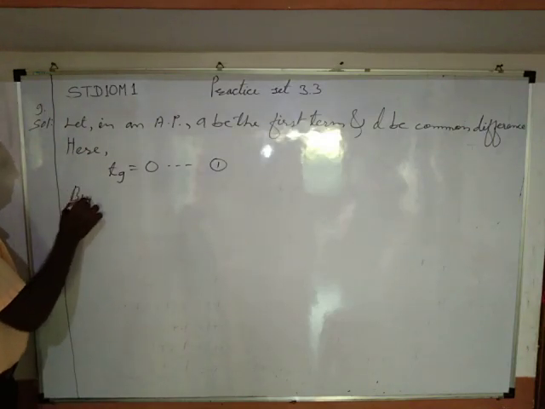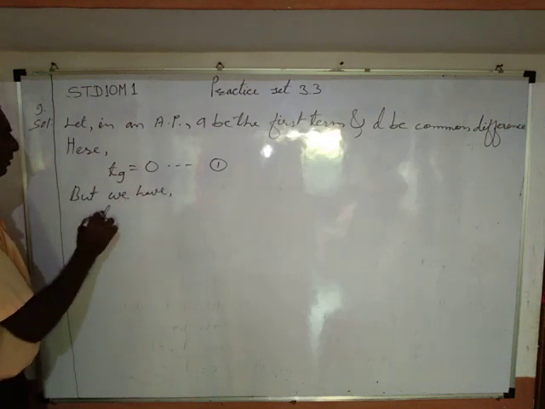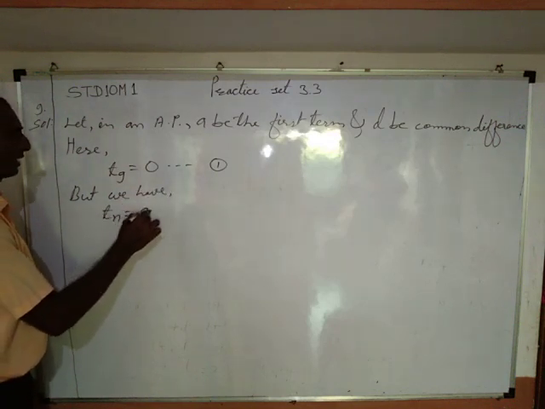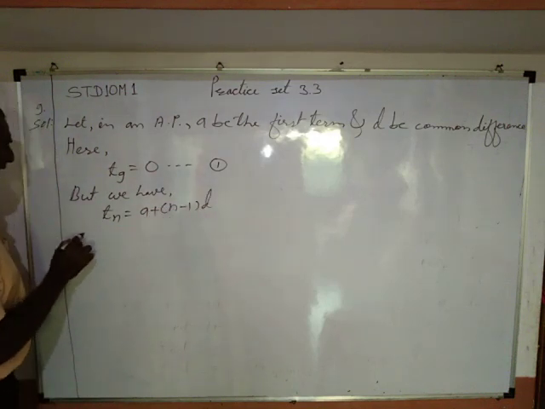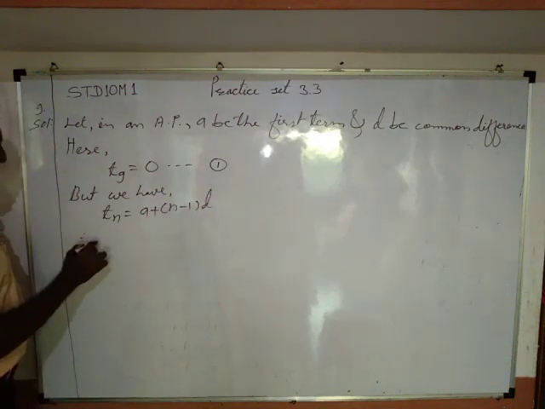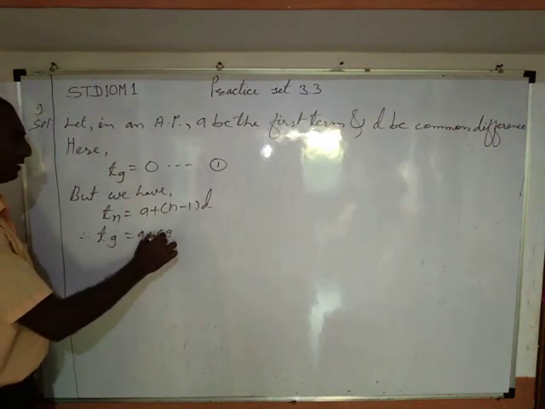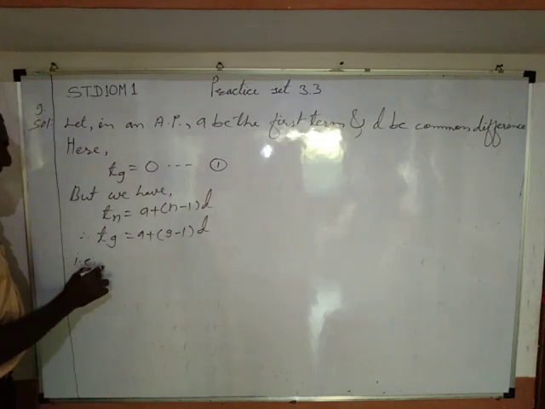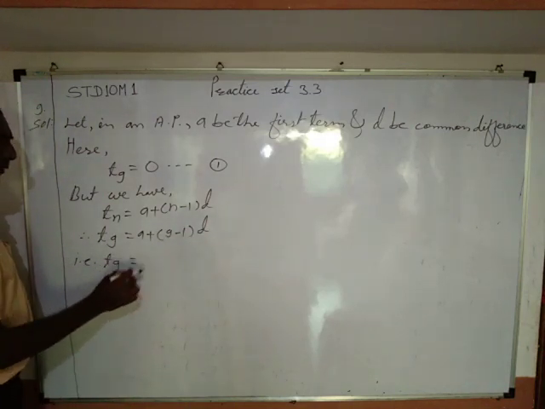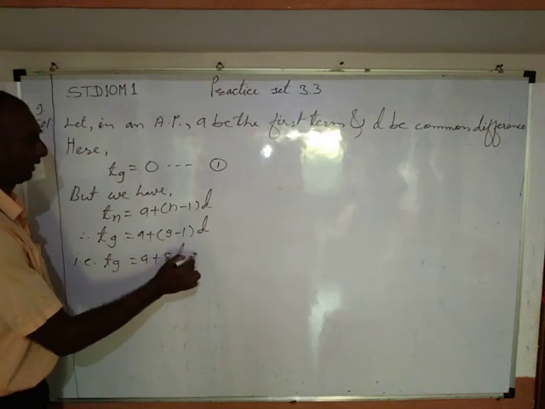But we have a formula Tn equals a plus n minus 1 into d, and therefore we can write here T9 equals a plus 9 minus 1 into d. That is T9 equals a plus 8d.